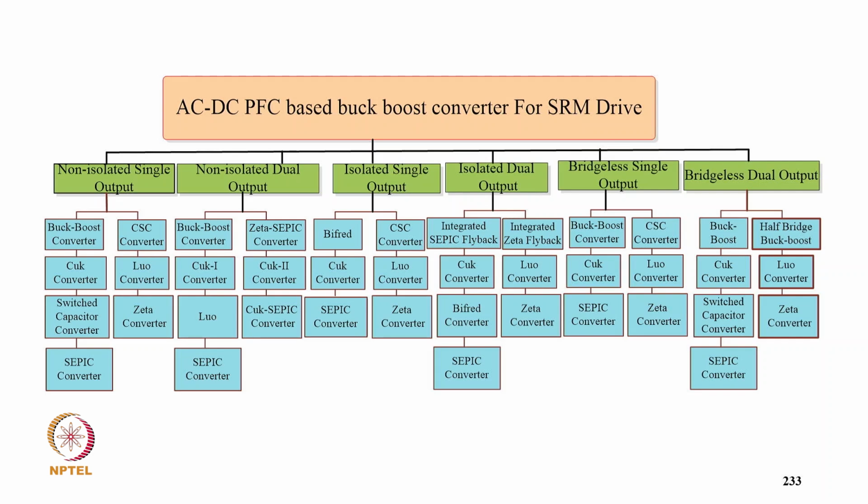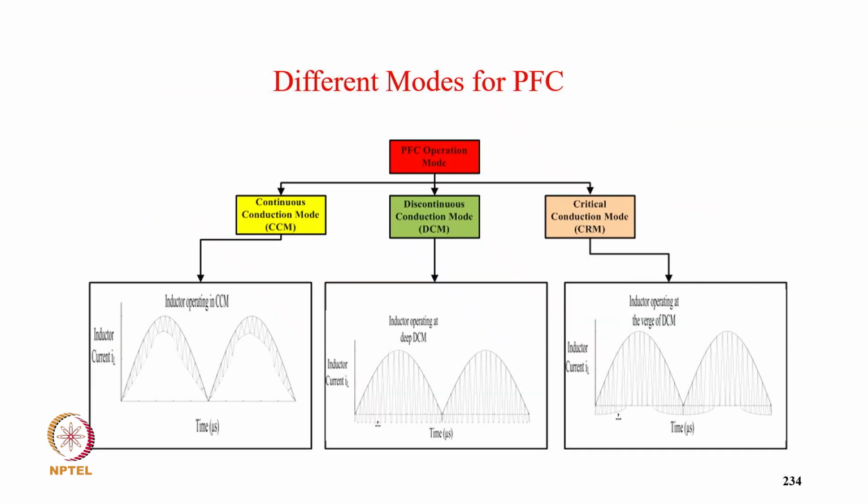And then isolated single output, flyback, Cuk converter, CP converter, or SEPIC converter, Luo converter, zeta converter, and isolated dual output integrated CP flyback Cuk converter, then integrated zeta converter, Luo converter, zeta converter, and then bridgeless single output, the bridge buck-boost converter, Cuk converter, CP converter, and SEPIC converter, and dual converter and zeta converter, and bridgeless dual output buck-boost, Cuk, switched capacitor, and CP converter, and then the half bridge buck-boost, Luo converter, and zeta converter.